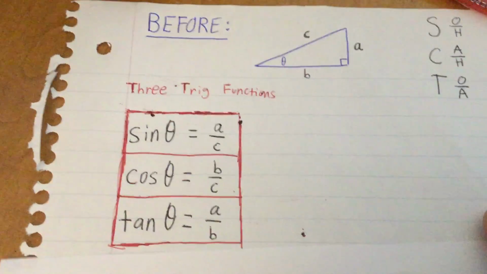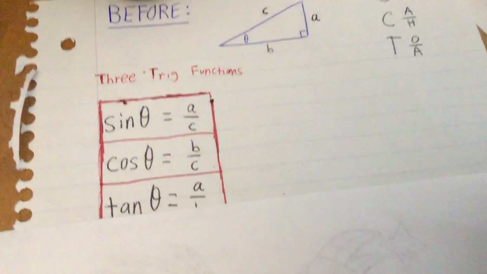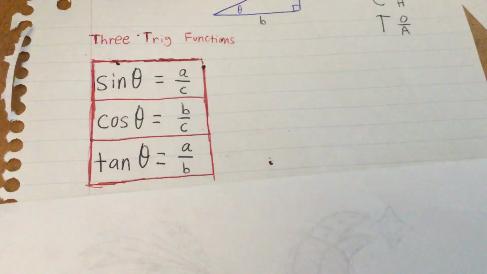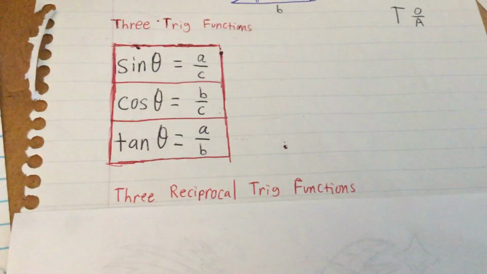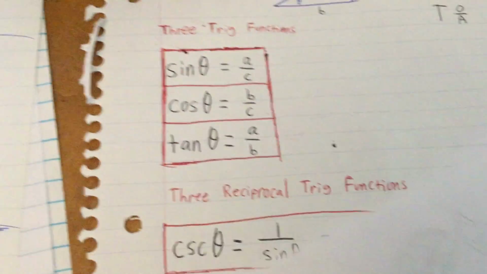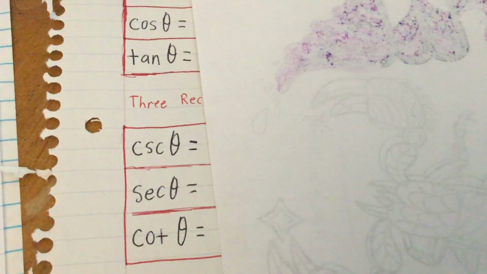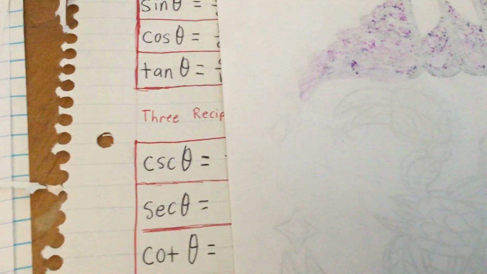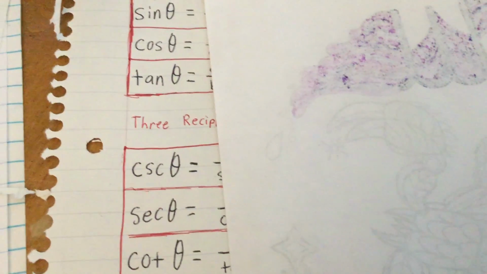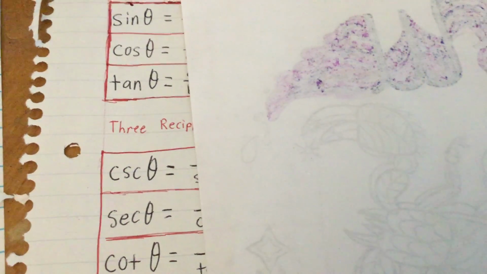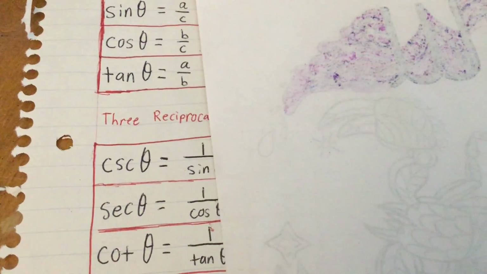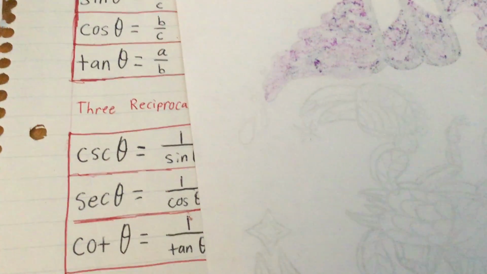Okay? Then we learned about three more trig ratios. They're called the reciprocal trig functions. And they are, in order, the cosecant, the secant, and the cotangent. So reciprocal, if you go back to middle school math, you'll remember that the word reciprocal is the flipped version of the fraction.